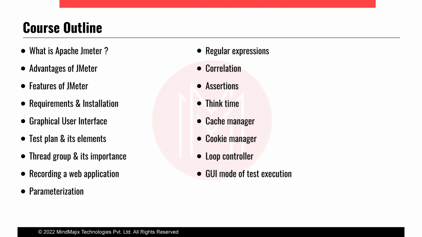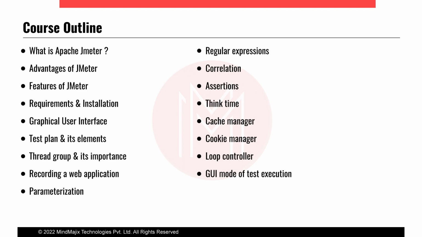Then we are going to install JMeter on our machine. I will give you a demo on how to install it and how to open JMeter in both non-GUI mode and GUI mode. Then I am going to demo how GUI mode looks.